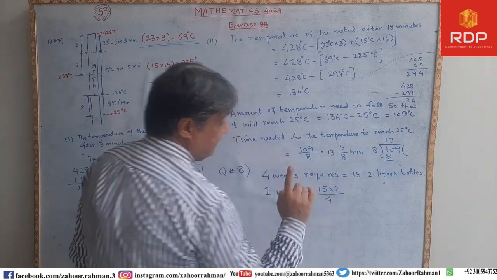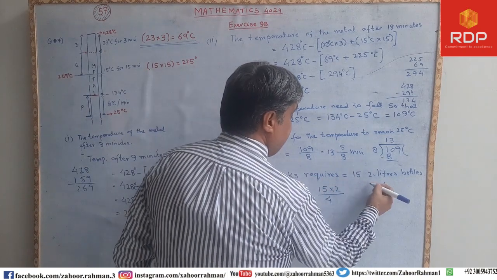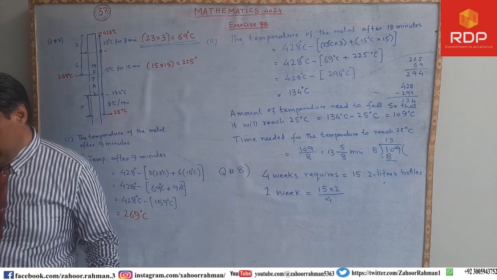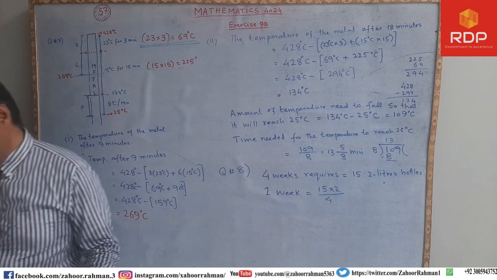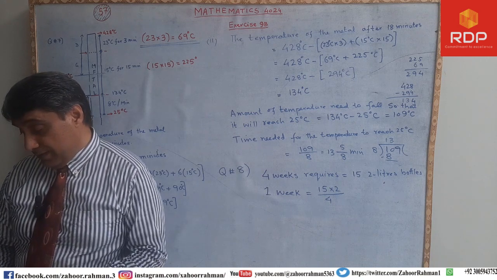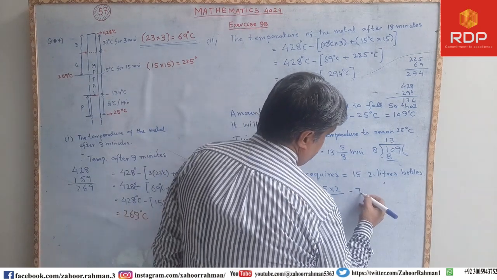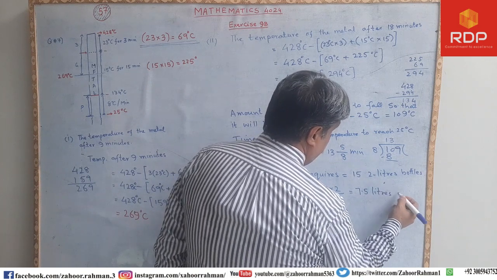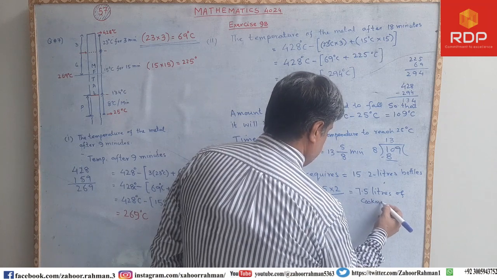For 4 weeks, you have to divide to get 1 week. This will be divided by 4. This is the unary method. We discussed that earlier. So it will be 7.5 liters of cooking oil. This is given to us.